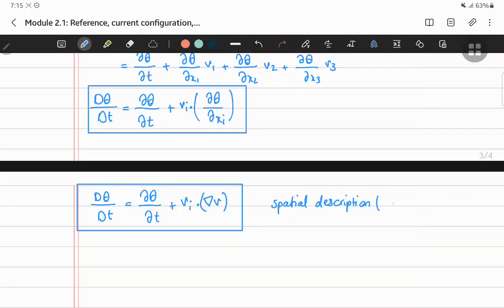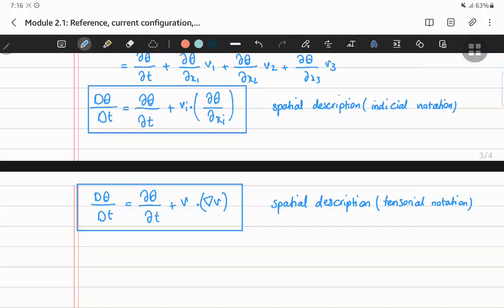And of course this is V in tensorial notation. This is again the spatial description, and let's say indicial notation.